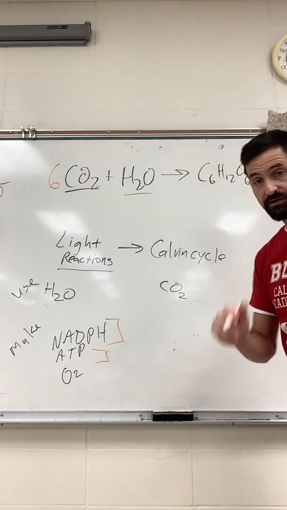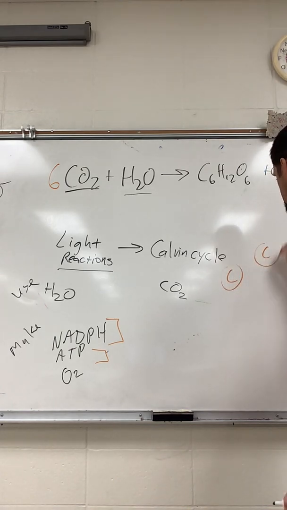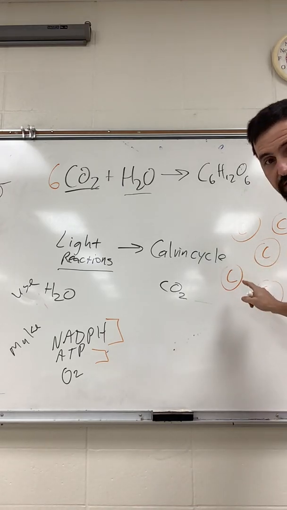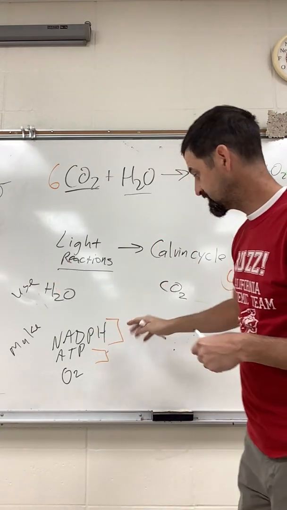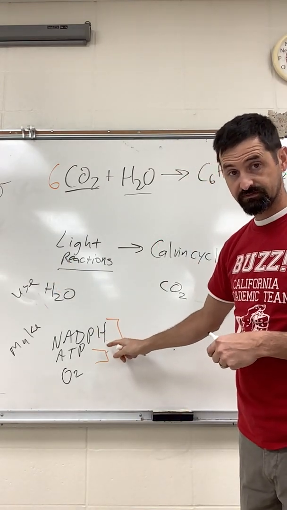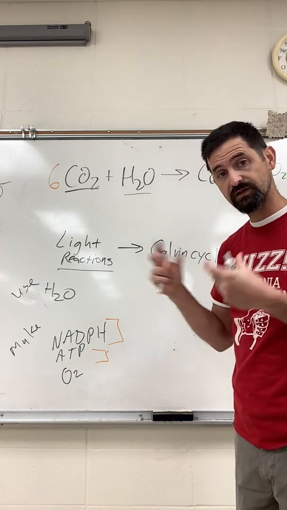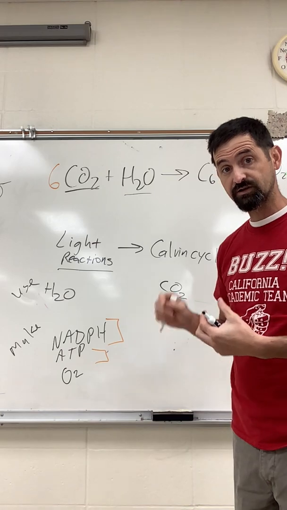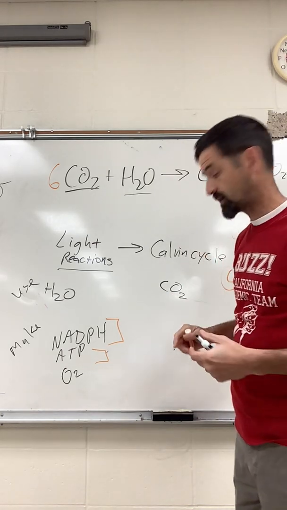So what we're really doing is we have 6 individual carbon dioxides. But by using the energy from these molecules that we made in the light reactions, we can then assemble those 6 individual carbons and rearrange them into this carbohydrate or other carbohydrates.